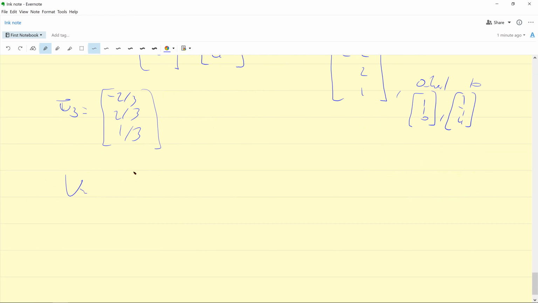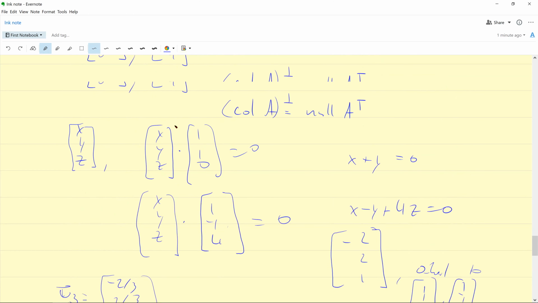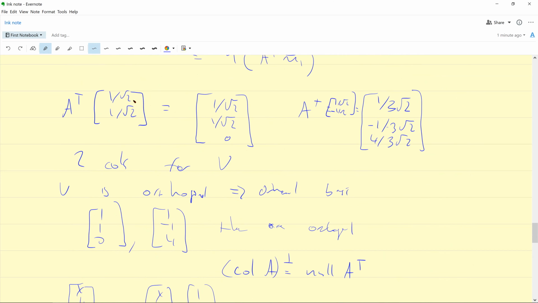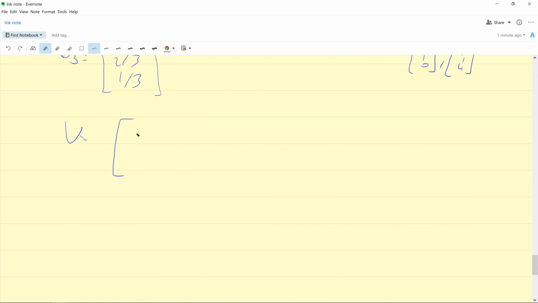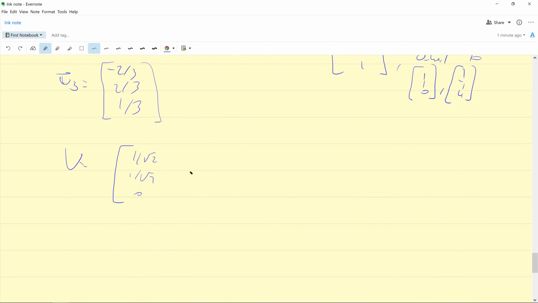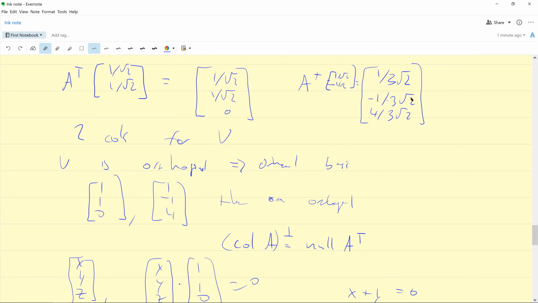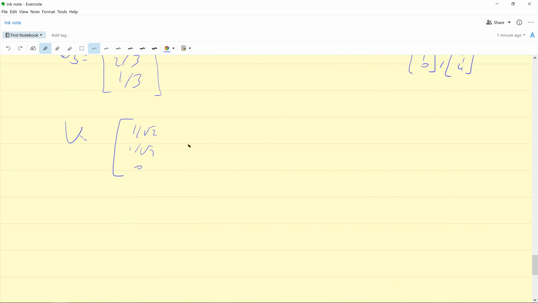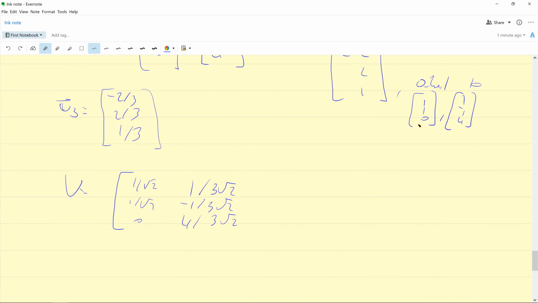And then, when we plugged in the first eigenvalue corresponding to 5, we got that with just a 0 attached to it. Then for the second eigenvector we had (1, -1, 4) over 3 root 2. And then this new one is (-2/3, 2/3, 1/3).